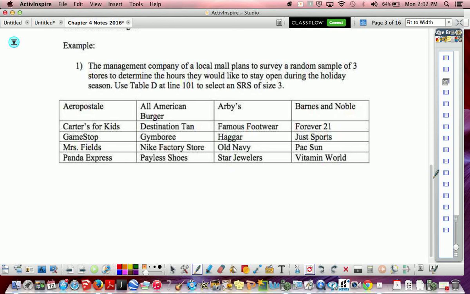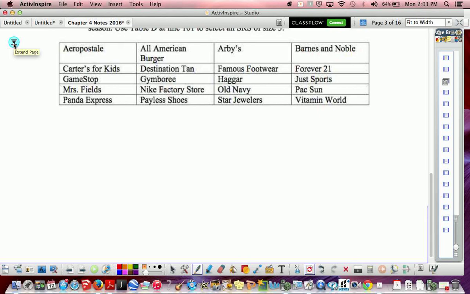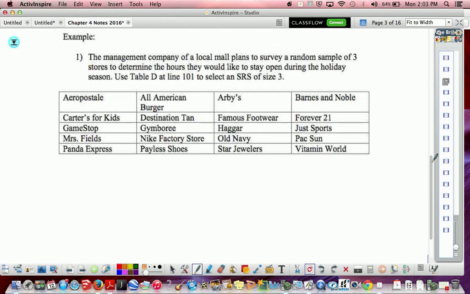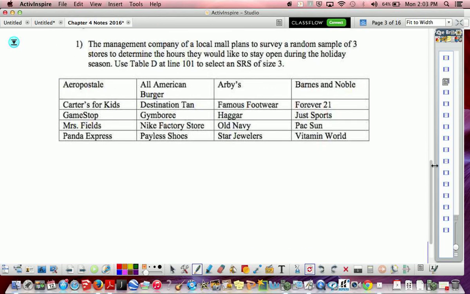All right, so let's show you how you can approach one of these problems, and how you should. So in our example here, it says the management company of a local mall plans to survey a random sample of 3 stores to determine the hours they would like to stay open during the holiday season.